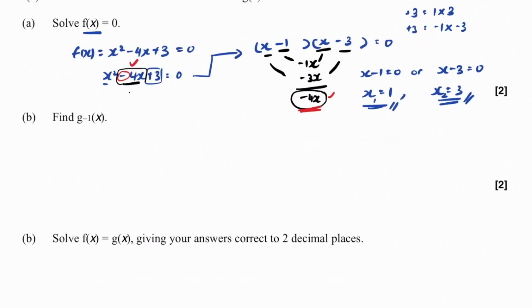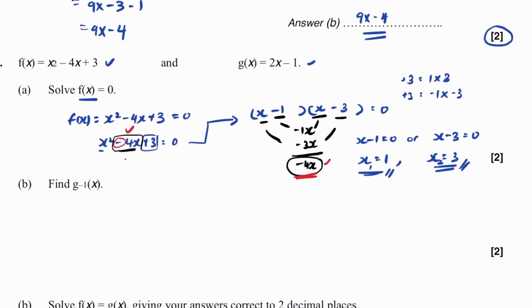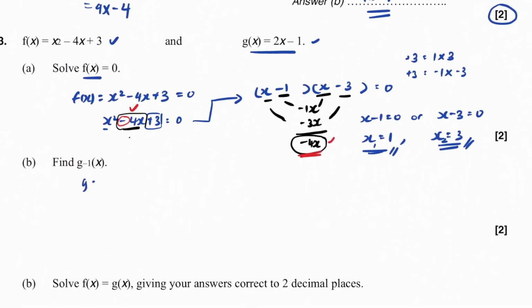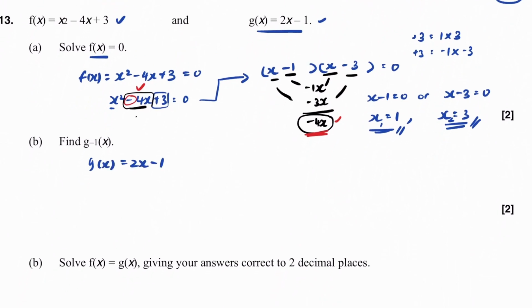Okay, we have g inverse. Solve for g inverse of x. So given that g of x is 2x minus 1, we let g of x be y, and then this one is 2x minus 1. So again, make x the subject. I rewrite this.